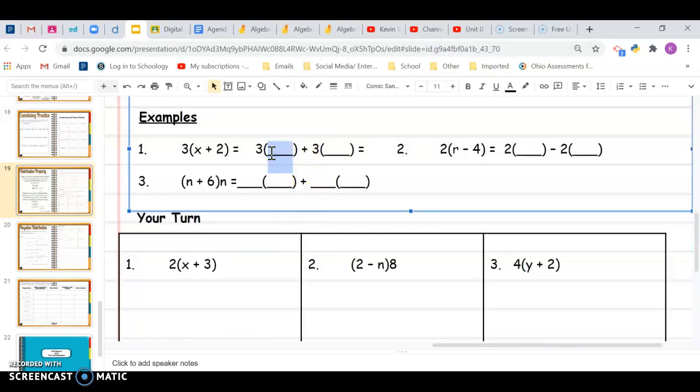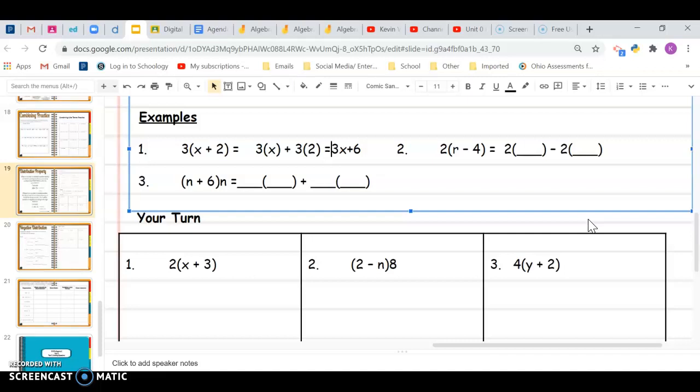So I'm going to put x here and 2 here. And then after this equal sign, let's rewrite our expression now. We have 3x, and we got plus 6. And that's our final expression.